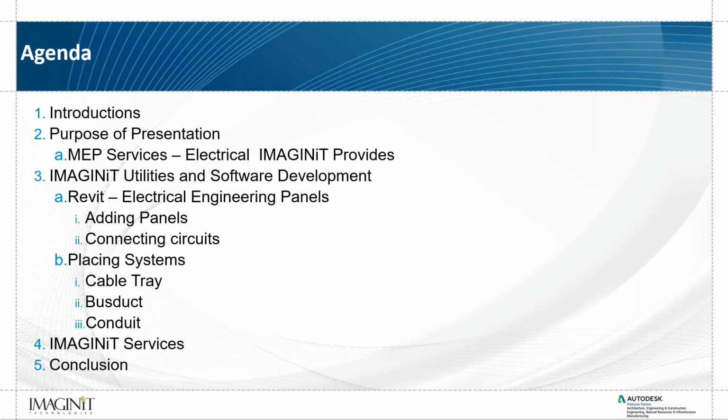And then when we get into construction stage and fabrication, we're going to look at placing those systems, the cable trays, the bus duct, the conduit. And we're going to look again at some Imaginative services that are available to everyone that's listening. And we'll wrap up with a conclusion.